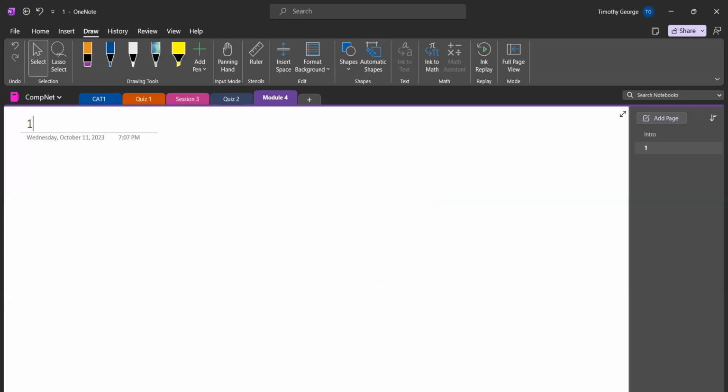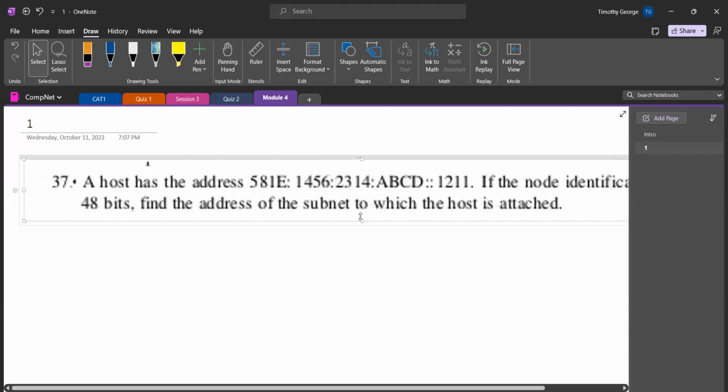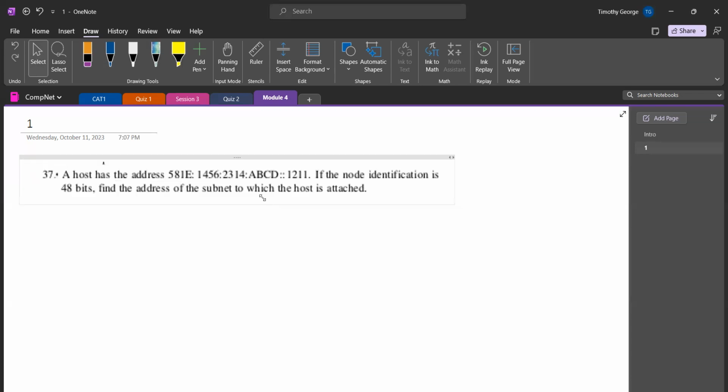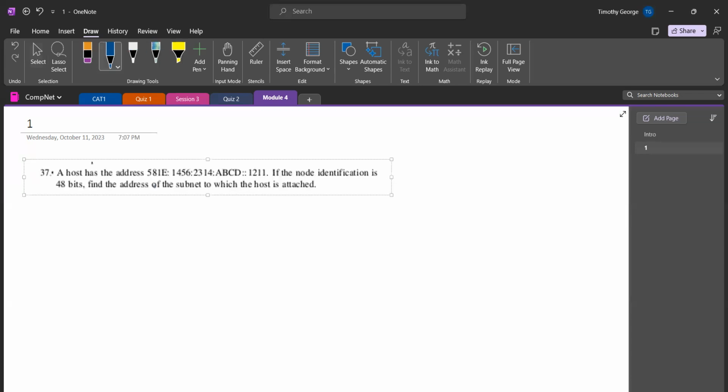Question one. A host has an address and an address is given.